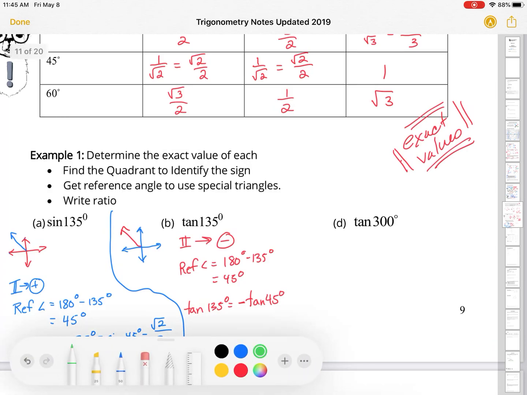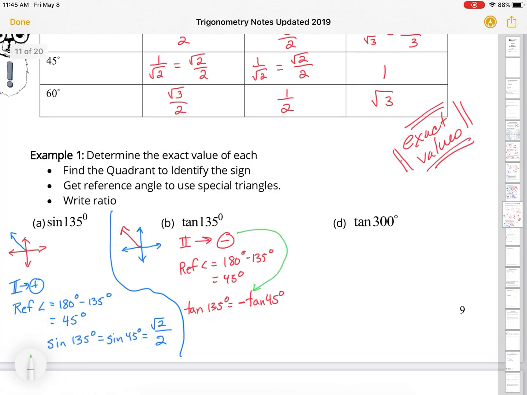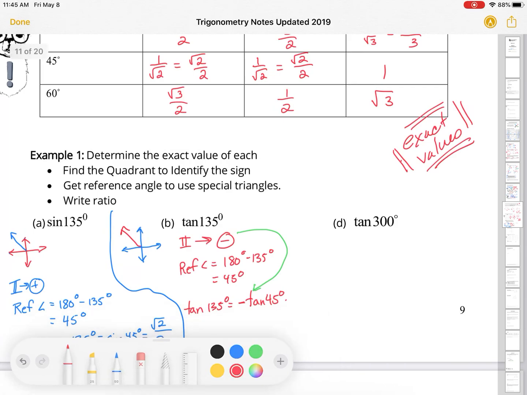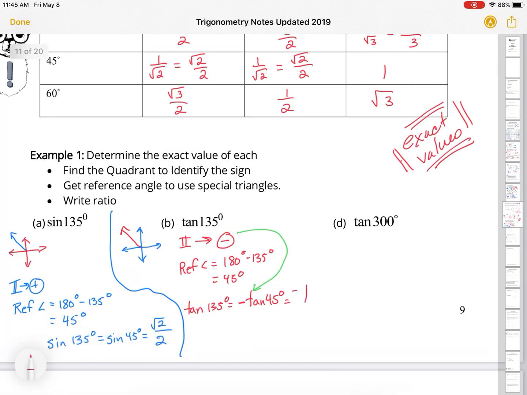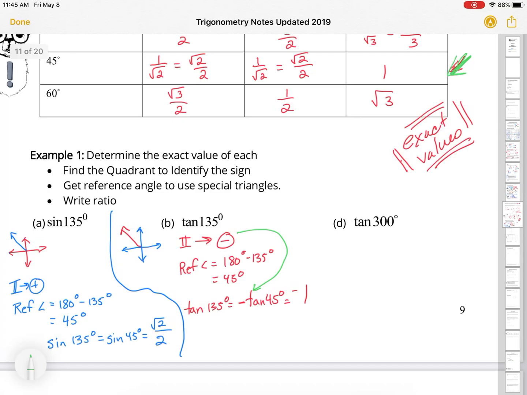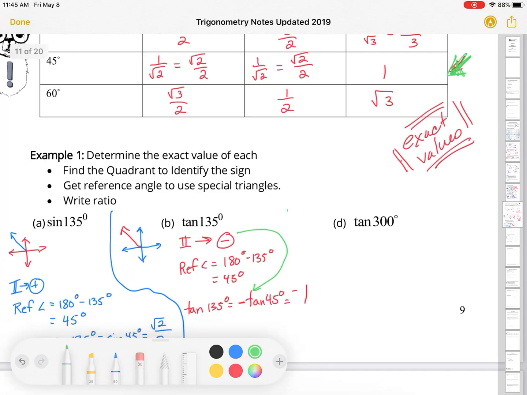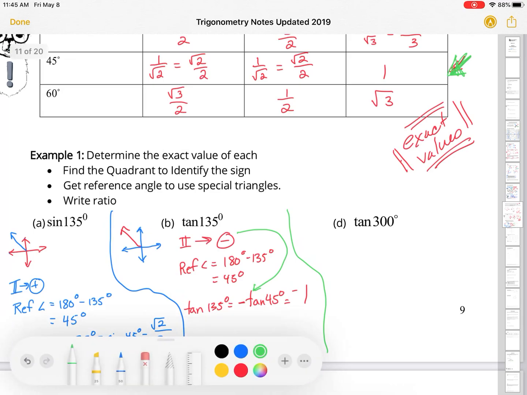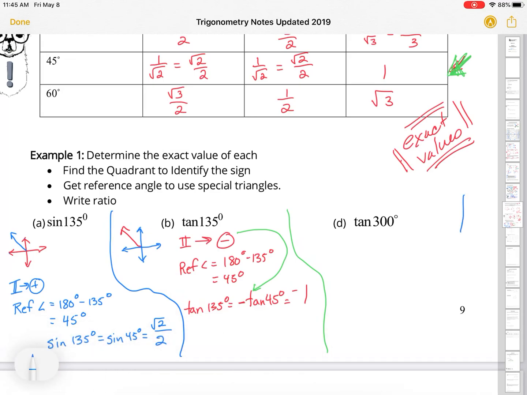So tan of 135 will equal a negative tan of 45. Negative because it's in that quadrant. So it will be negative 1, and we know from up here that tan of 45 is equal to 1.